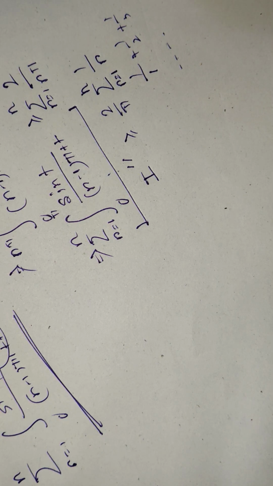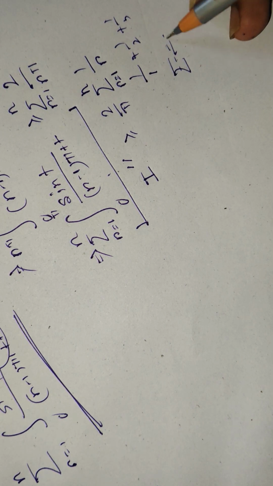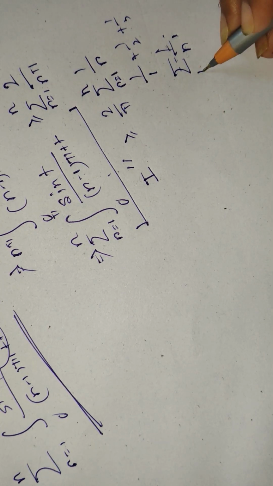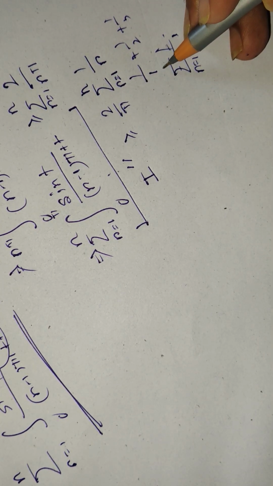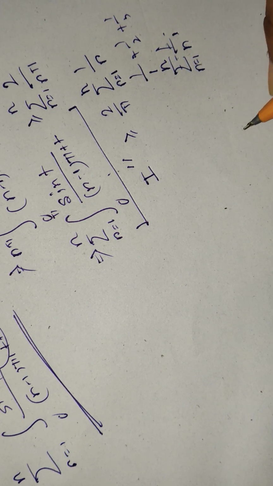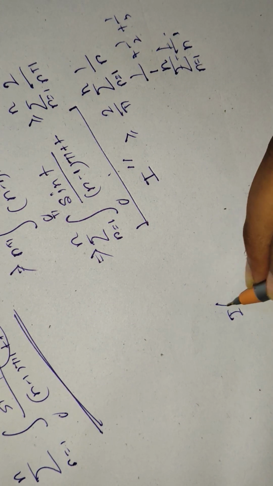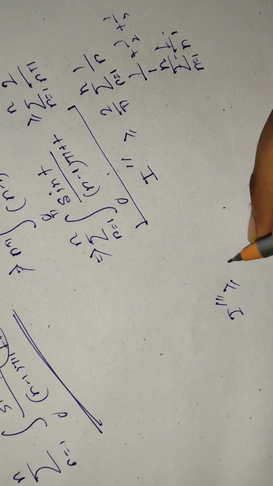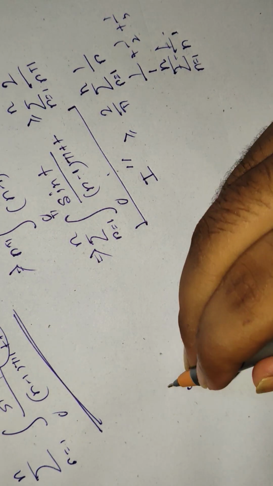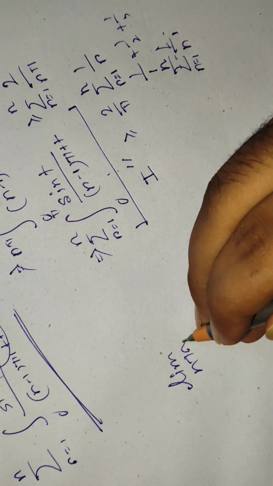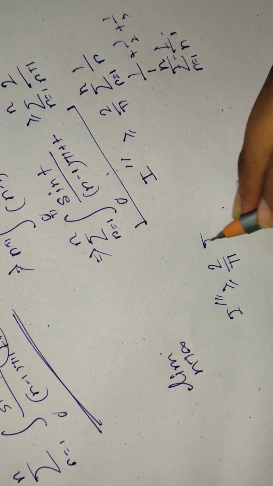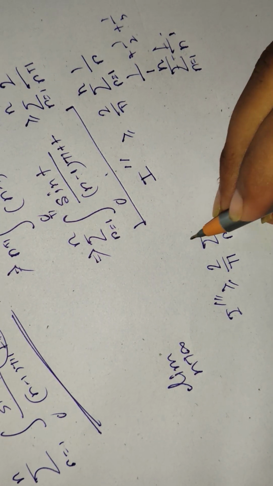If you know about the zeta function, then you know basically this is the summation of 1 by n to the power 1, where n equals 1 to n. But wait a moment, I had told you that we are talking about the limit n tends to infinity. So basically we can replace n with infinity now.